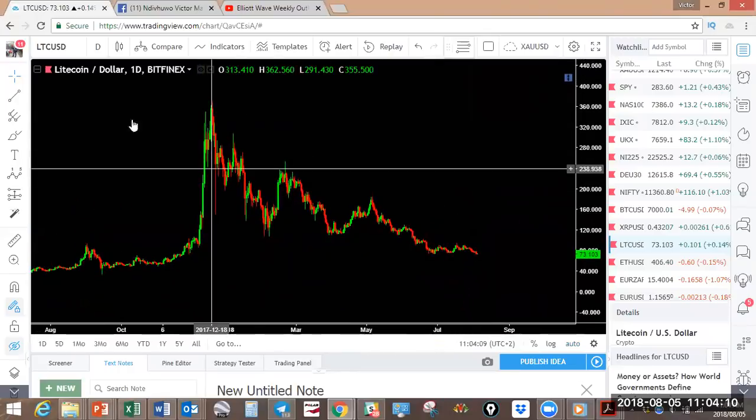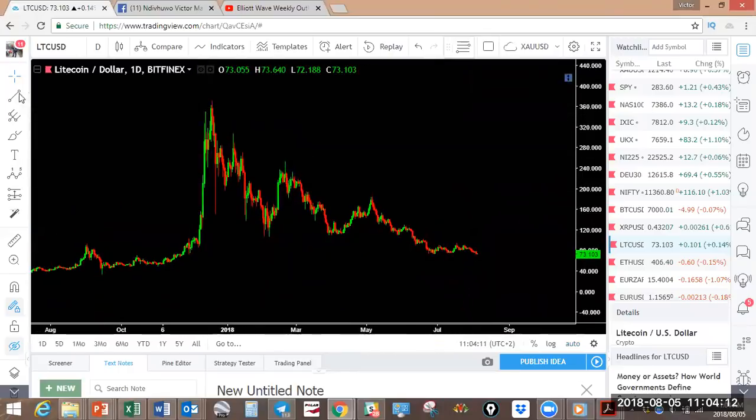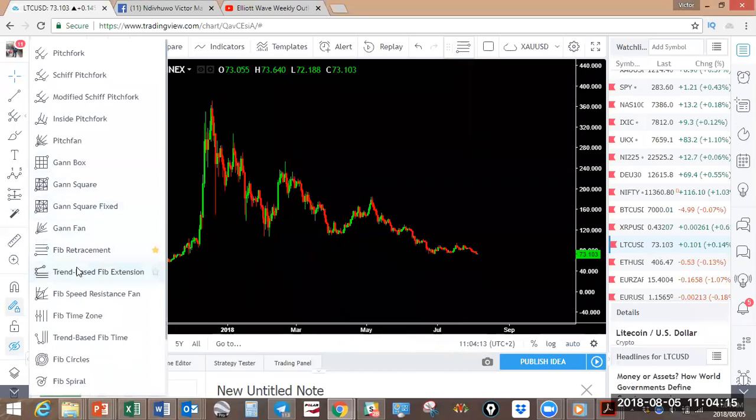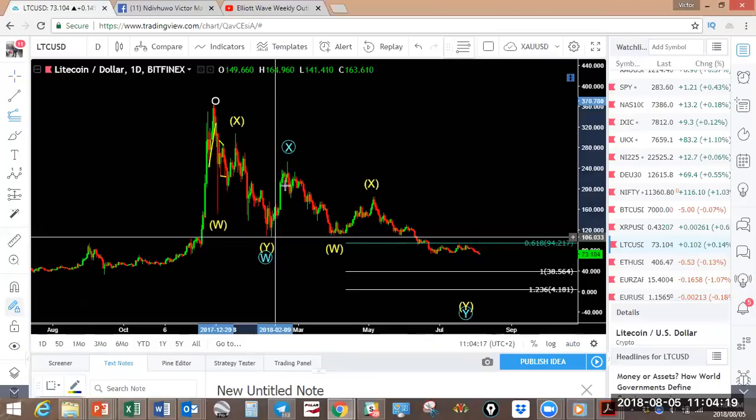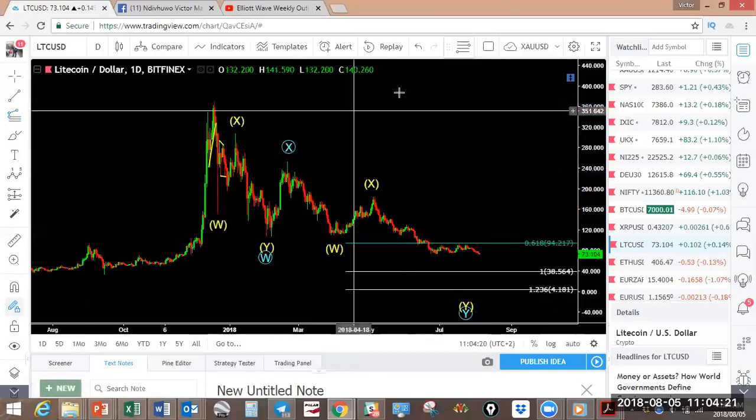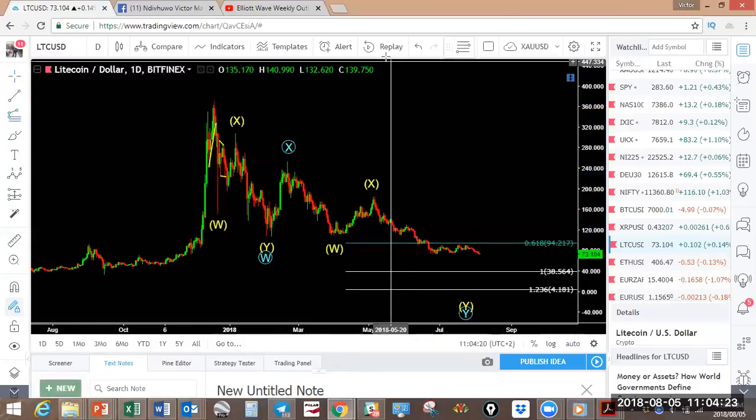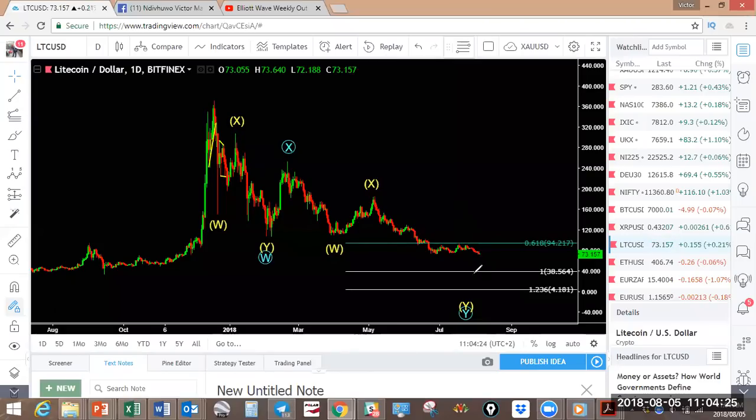What would happen if that was your correction? Let's do that quickly. You can see I've already got it projected. So that is the level that we will expect Litecoin to go back to, around 38 cents. Around 38 cents will be your blue box area. Okay, so that's what you're going to be looking at.